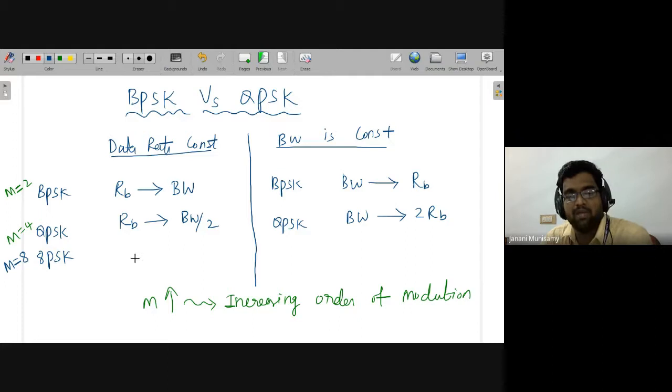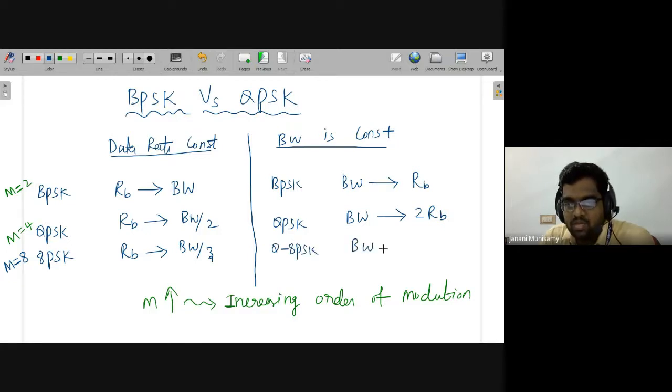I will be having 8 symbols, then what will be the bandwidth requirement? Now it gets reduced by 3, instead of BW by 2. Or otherwise, if the bandwidth is fixed, in case of 8 PSK, using the same bandwidth, I can transmit 3 times the data rate.